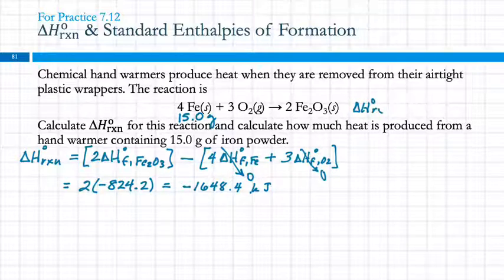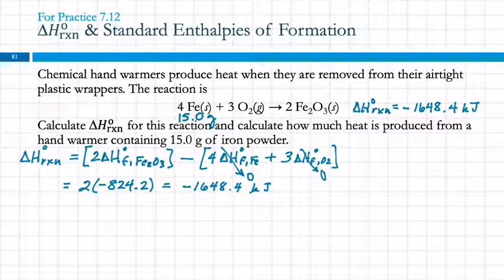Standard heat of reaction, negative 1648.4 kilojoules. This is the heat of reaction for this chemical equation as written. So this amount of heat for 2 moles of the iron oxide, for 4 moles of the iron, for 3 moles of the oxygen. So that's the first one, calculate delta H.